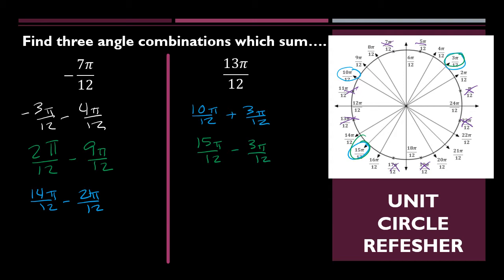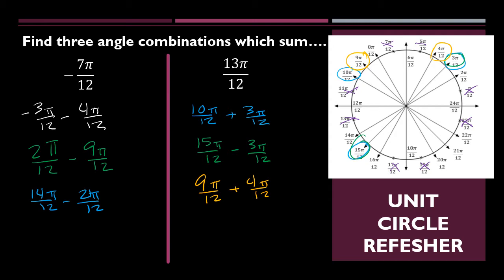And if I am looking for one more combination, I need 13. I could use 9 and 4, so 9 pi over 12 plus 4 pi over 12 is 13 pi over 12.